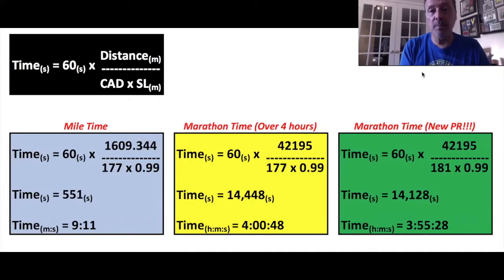The two of those components make up the pace that one runs, whether it's for a mile, 5K, 100 meters, marathon, half marathon, they're all the same. This is the formula in the black square that represents how to determine how fast you're going.